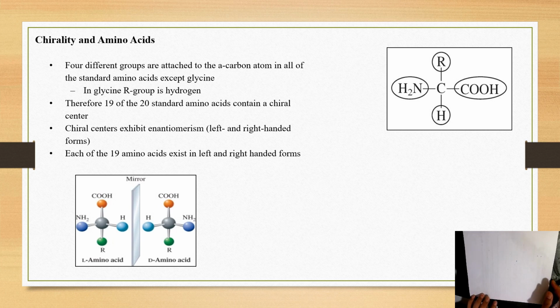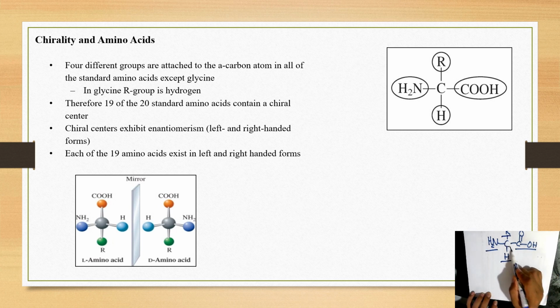Now, the general structure of an amino acid has a carbon, and to its right side there's a carboxyl group, and on the left side there's an amino group. And it has an R group and hydrogen. So there are four different groups.